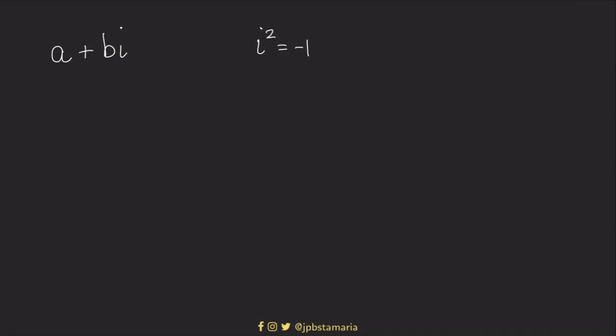Pag sinabing, so this is a complex number. So you needed how many real numbers to describe a complex number? You needed 2 in order to define a complex number. So, parang sinasabi natin yung set of complex numbers is, sa linear algebra, mapapag-aralan nyo to, C is 2-dimensional over R. Yan ang sabihin natin ng dimension.